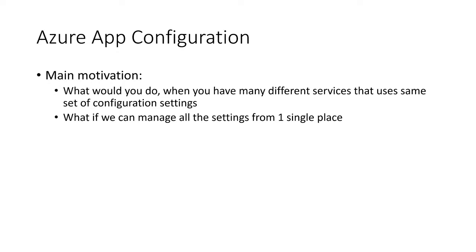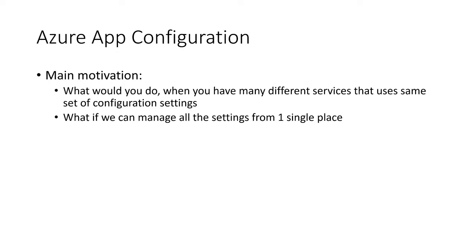In that case, it's a pain to manage the settings in app settings, because you will have to deploy. In Azure, once you deploy, you have this app settings section where you can insert the settings. And if you have, say, 10 different services, you will have to copy paste into 10 different services, which is of course a pain.